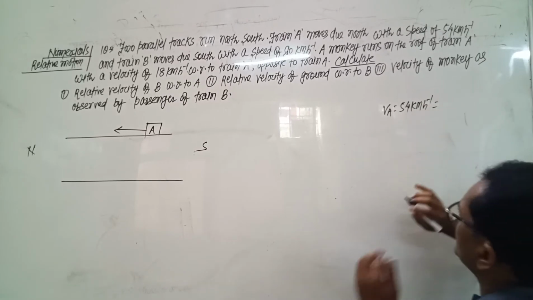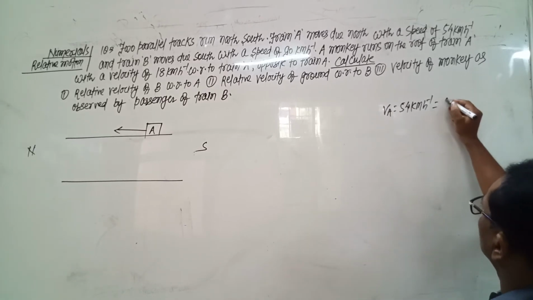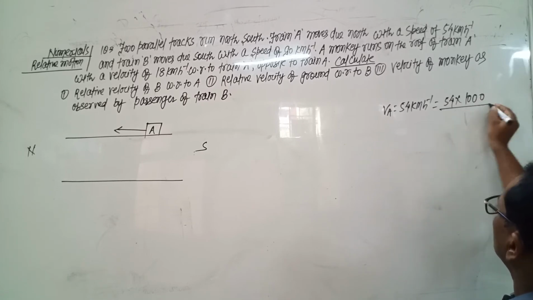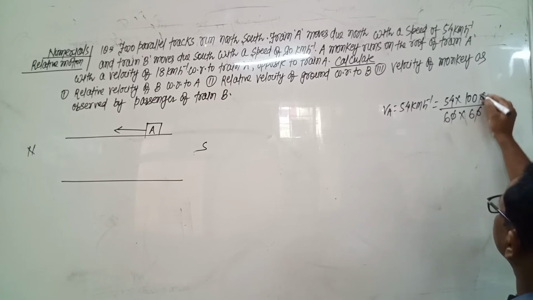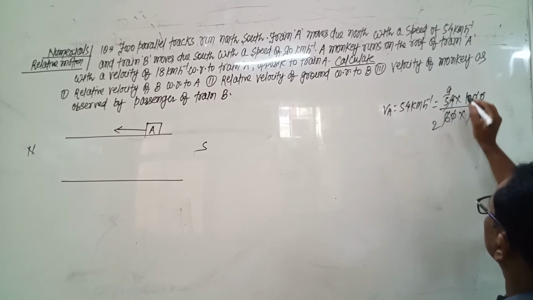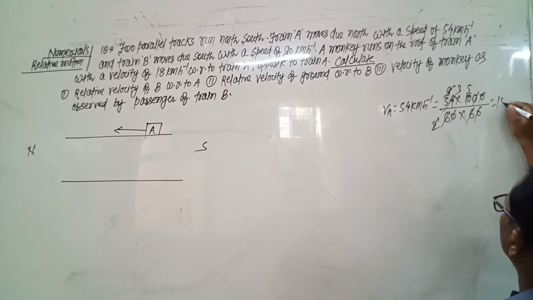We convert it into meter per second. So 54 into 1000 divided by 60 into 60 gives 15 meter per second.